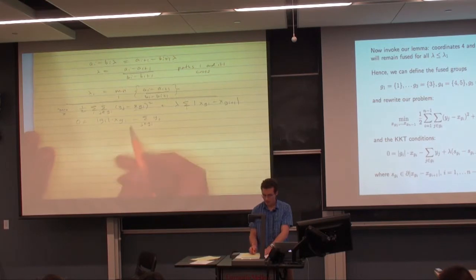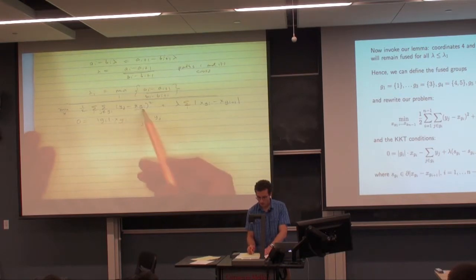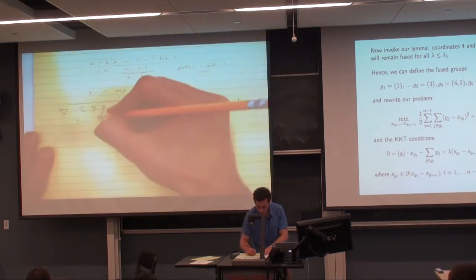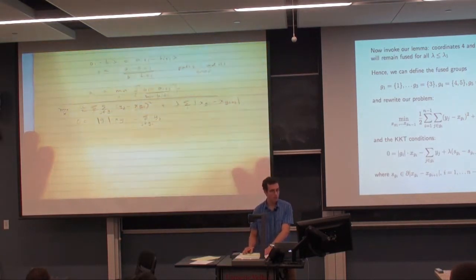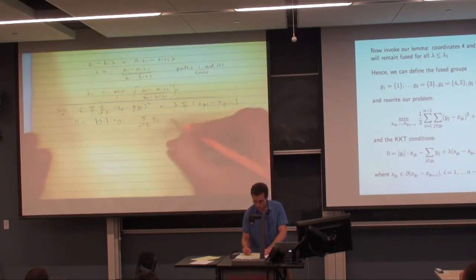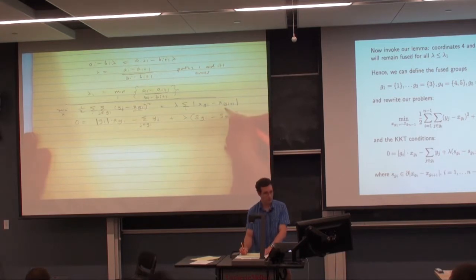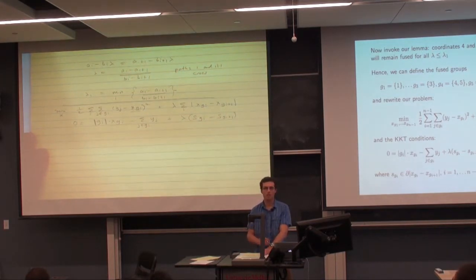If I derive the KKT conditions for this problem, for example with respect to the gith component of this xg vector, then I get one xgi for every term in the sum, and this is just the cardinality of gi, the number of terms in that sum, minus a value of yj from every term in that sum, plus the same thing as before, two subgradients, one for this term and also one for the term that looks like xgi minus 1 minus xgi.